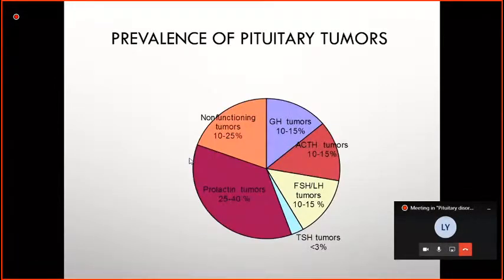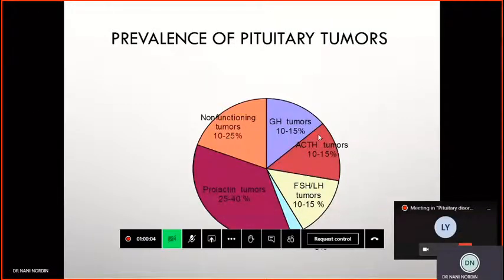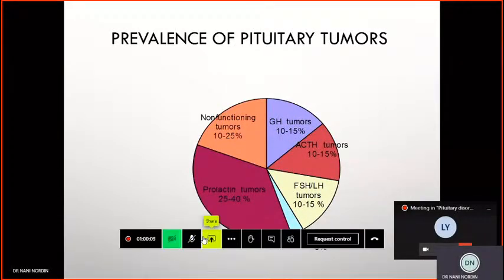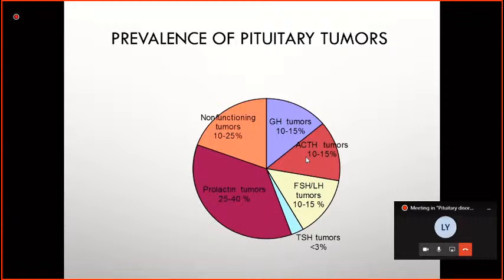All right, so the prevalence of pituitary tumors. Non-functioning tumors make up about 10 to 30% of the tumors. The rest are functioning tumors. Out of the functioning tumors, most commonly they are prolactin secreting tumors. Next are ACTH producing tumors or growth hormone producing tumors.